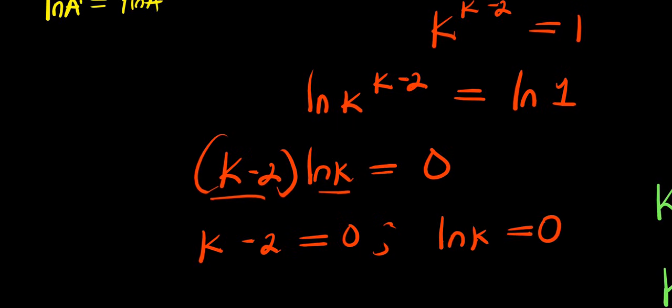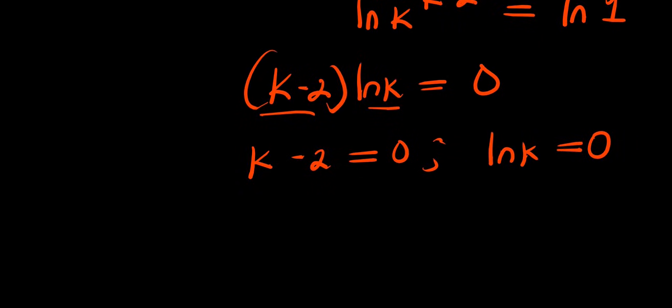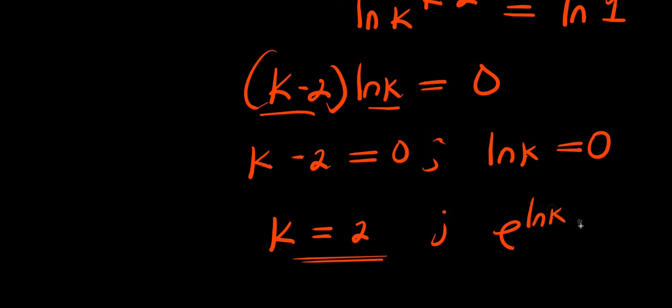So right now, if k minus 2 is 0, then you can solve for k, that means k equals 2. If natural log of k is 0, that means from here, you can simply have e power natural log k equals e power 0, meaning that we eliminate natural log.